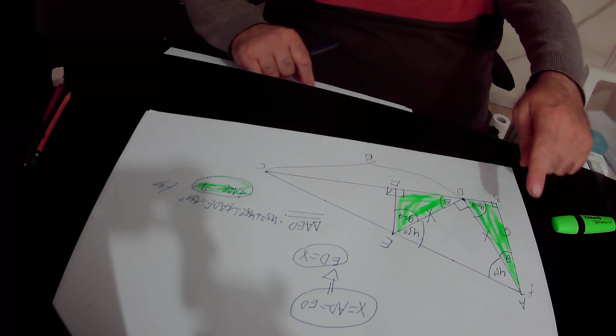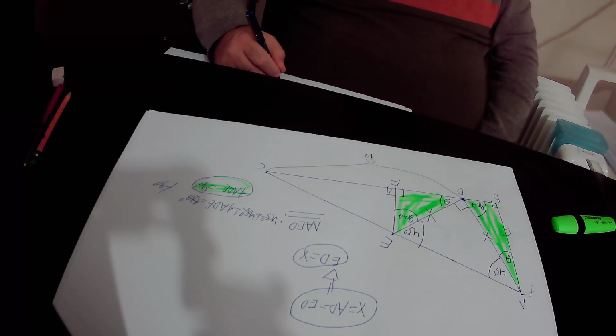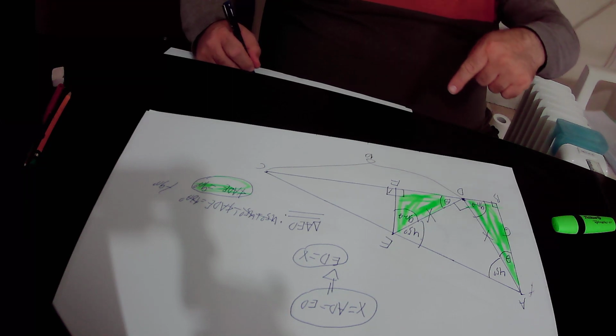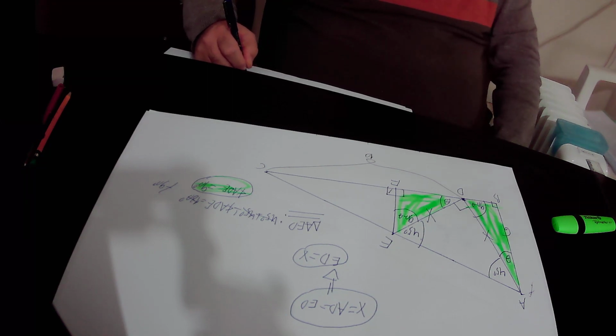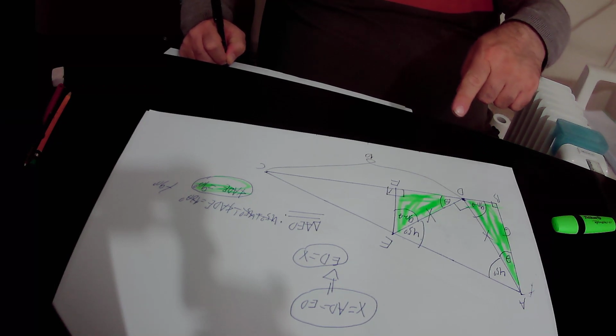So angle ADB is equal to angle EDF, and both angles are equal to 90 degrees minus theta.